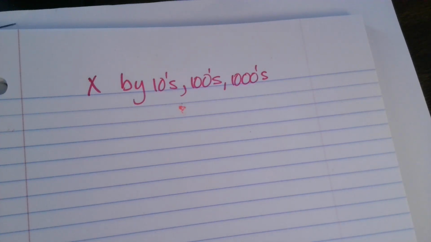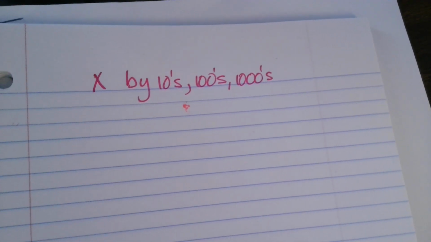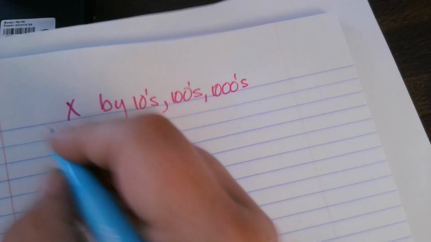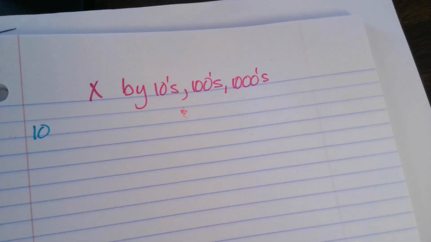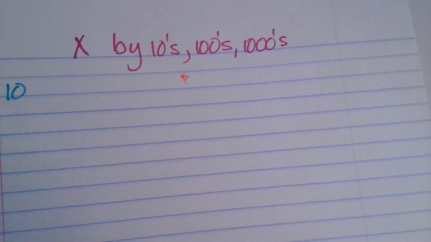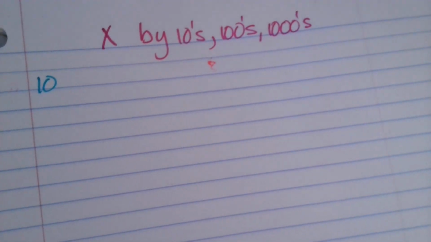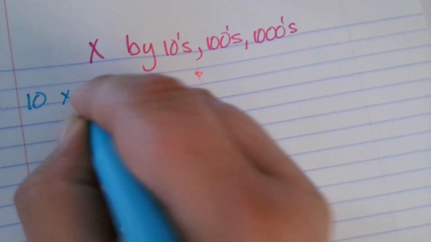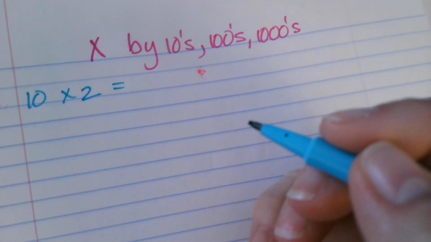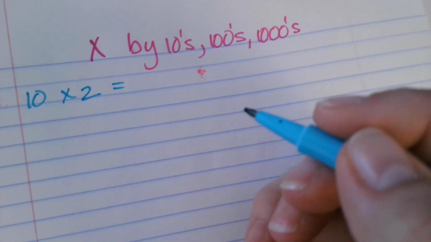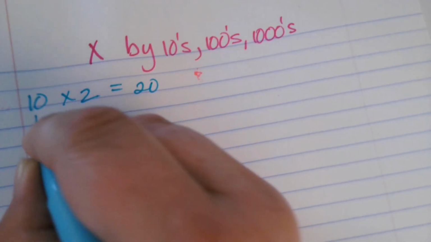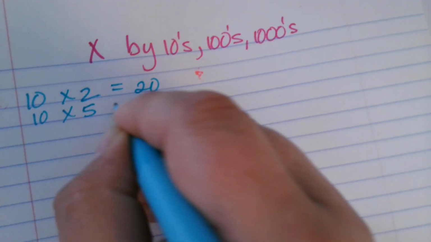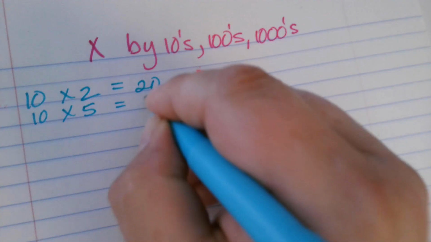All right, so if I take 10 and multiply it by any number, say 2, I will get 20. If I multiply 10 times 5, I'll get 50.